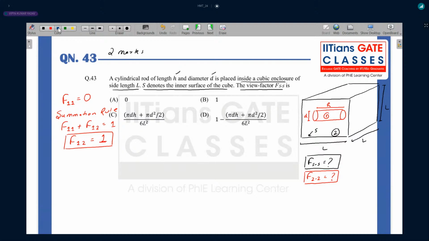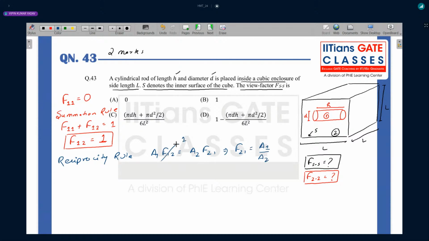Now, I will apply the reciprocity rule. What is the reciprocity rule? A1 F12 is equal to A2 F21. So from here I can write F21 is equal to A1 by A2, and F12 is equal to 1.